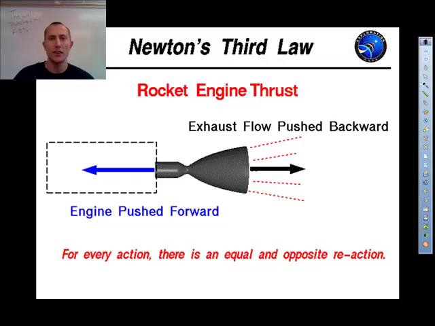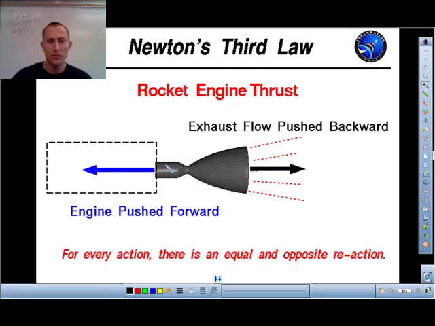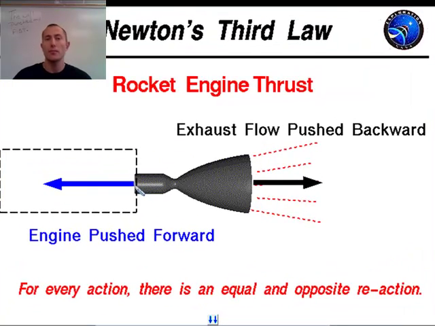Another example of this is in the use of rockets, and this is how all rockets work. Basically, you have some fuel in the rocket engine that's burning, and as it burns, it's this very, very hot gas.